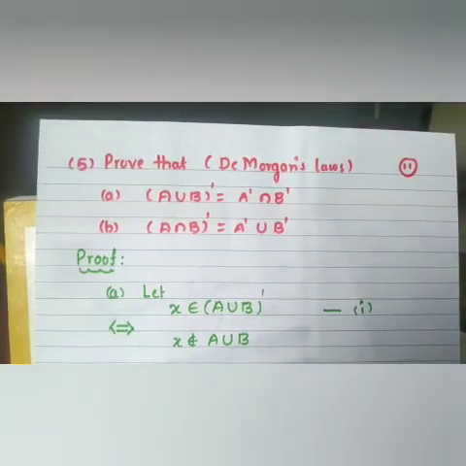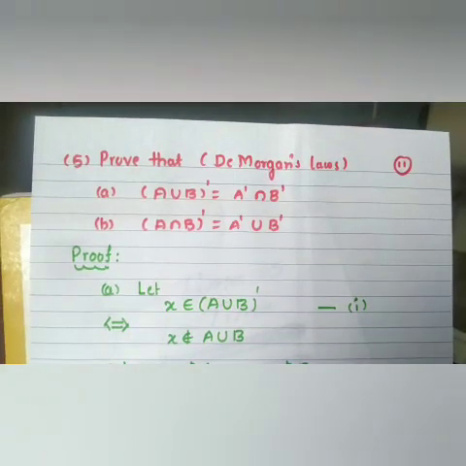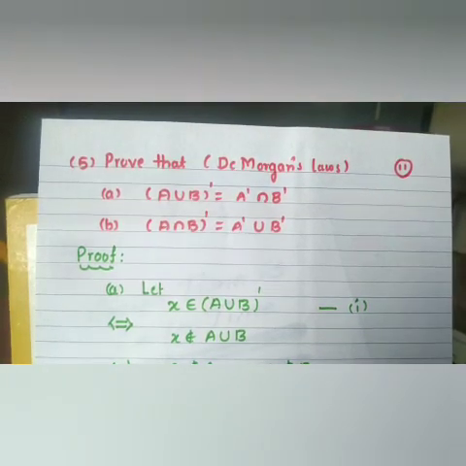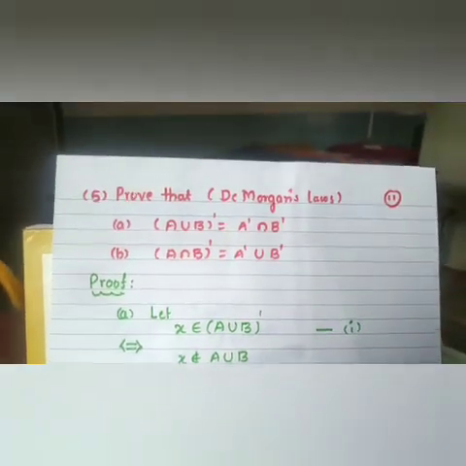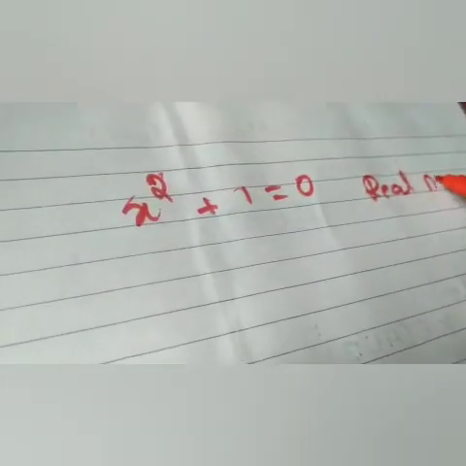I will give one of the best examples for the empty set. An equation x square plus 1 equal to 0, considering the set of real numbers.